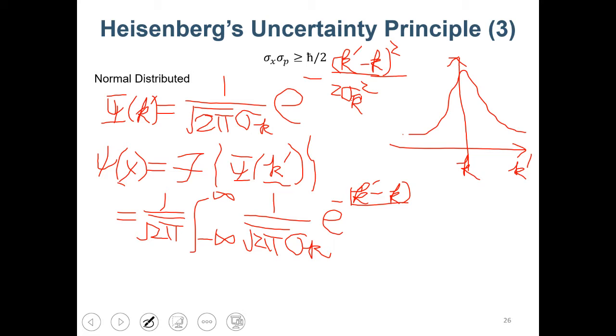Maybe this time, because it tries to fulfill the Parseval relation, it doesn't really have a 2 pi factor. So sigma k square and exponential to minus ikx dk prime.